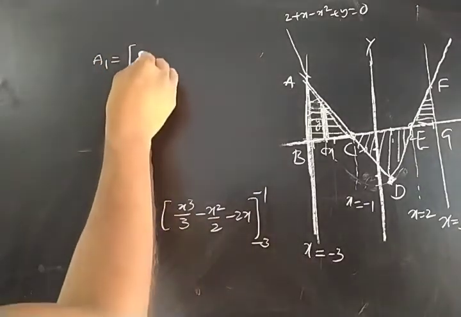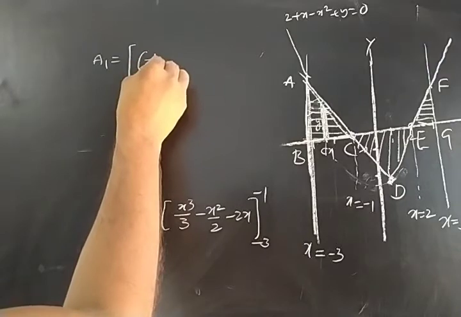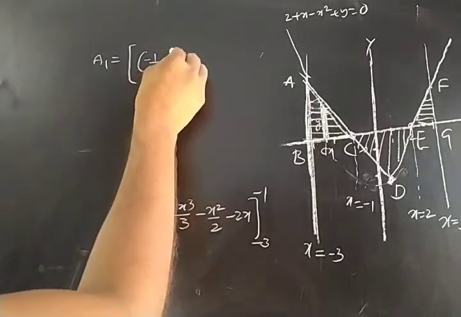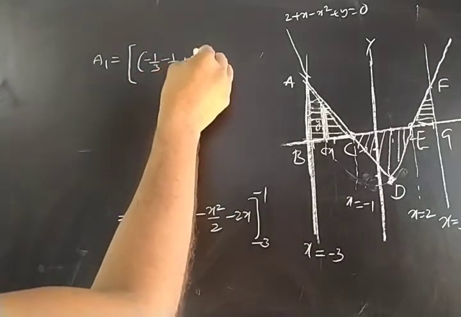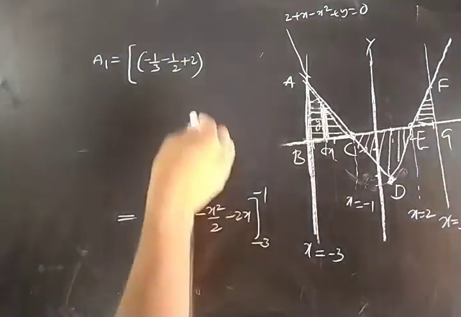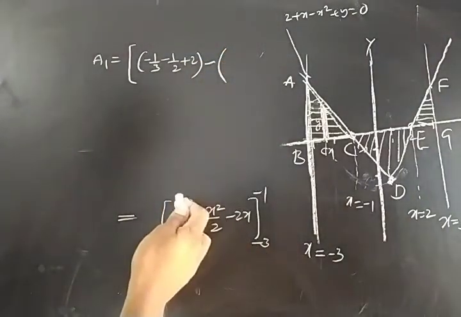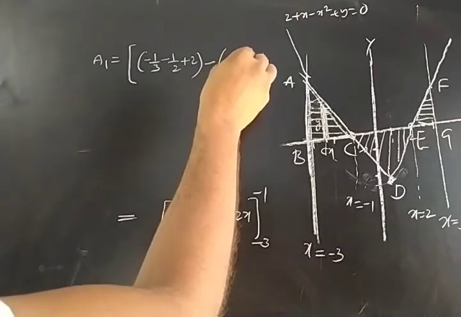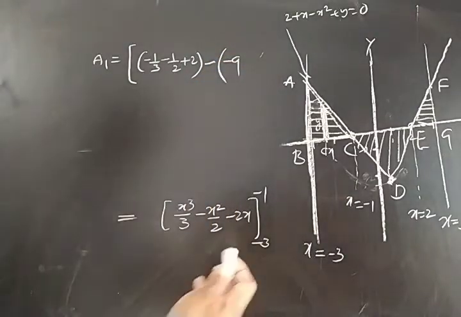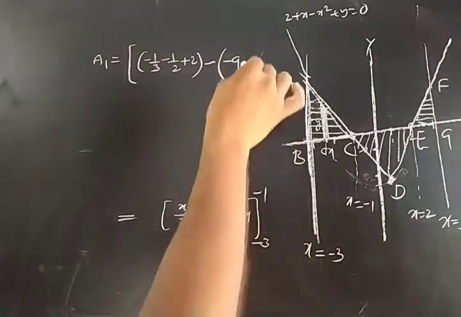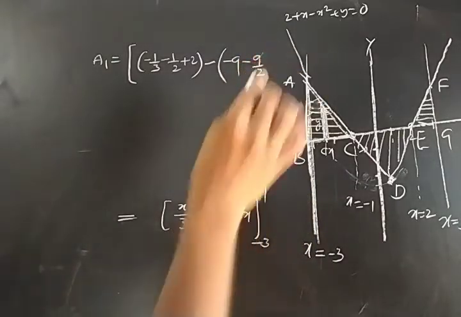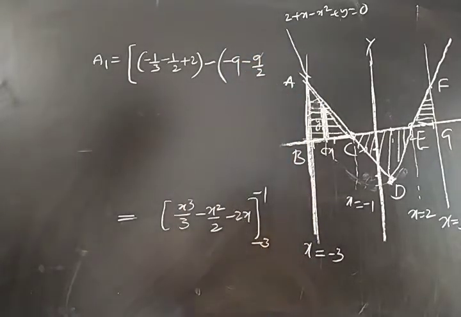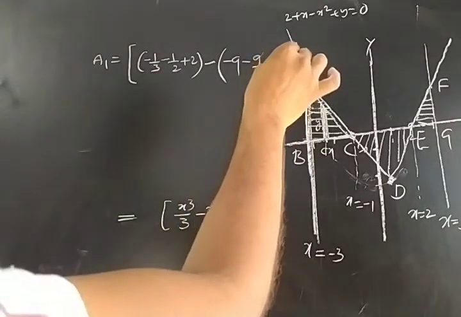So you will get minus 1 by 3, here minus 1 by 2 and plus 2. This is the upper limit. By substituting the lower limit, minus 3 cube by 3 will be minus 9, and minus 3 whole square, 9 by 2, and here minus 3 to the plus 6.